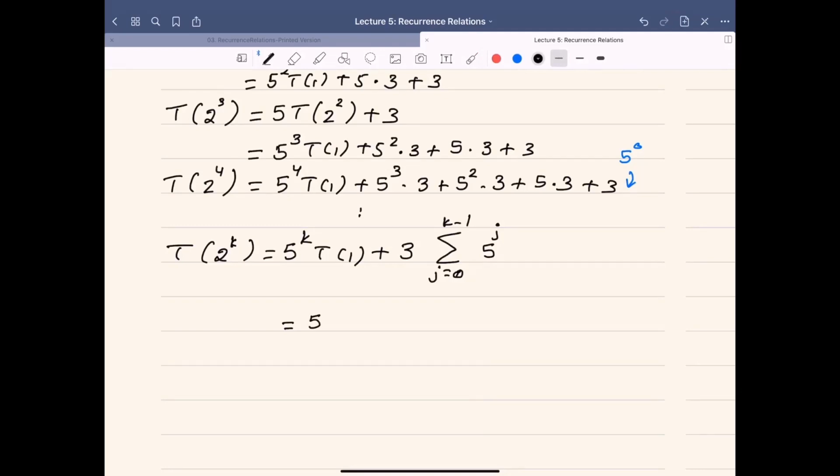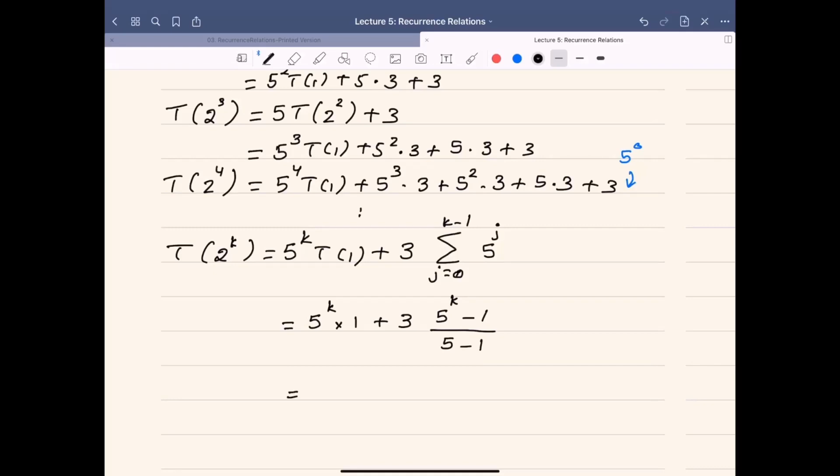So we can find a closed form for this equation. It will be 5 raised to power k. Now T1 is already equal to 1, so multiplied by 1, plus 3 times (5 raised to power k, not n, minus 1) over (5 minus 1). So this equation is given in terms of k, not in terms of n.